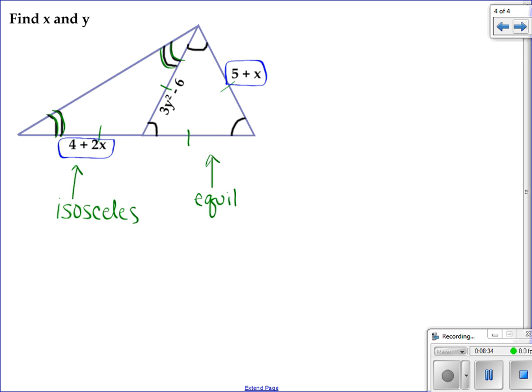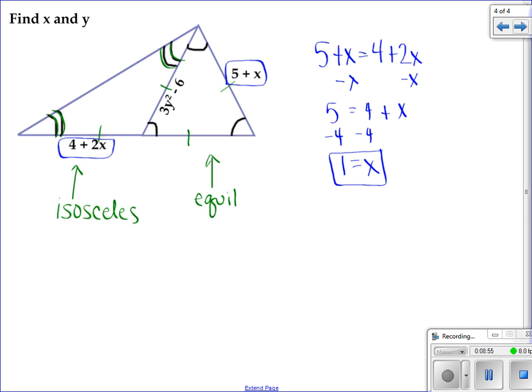Let's start there then. So we minus x, subtract 4.